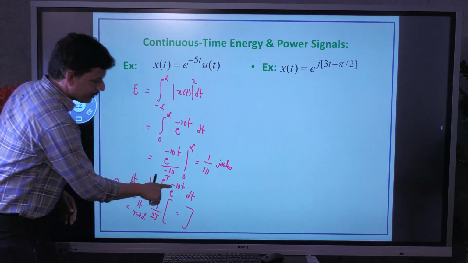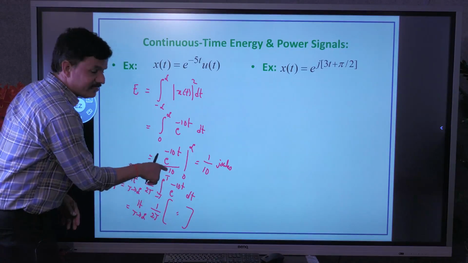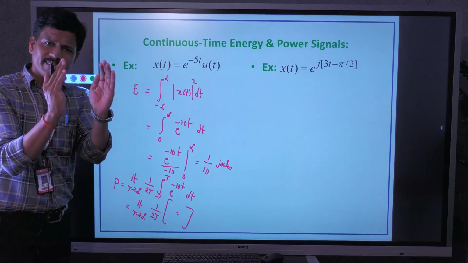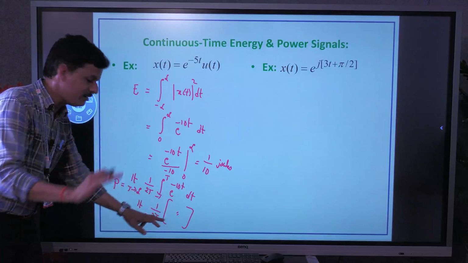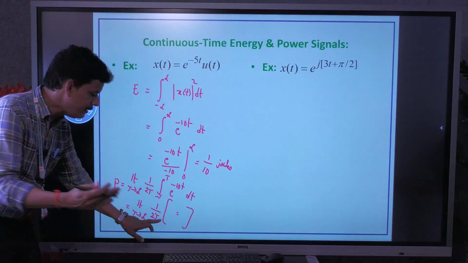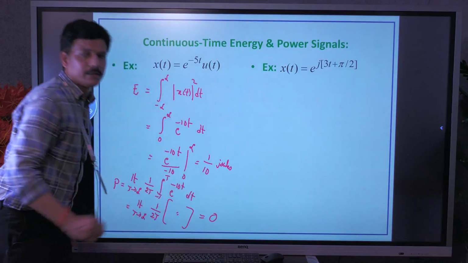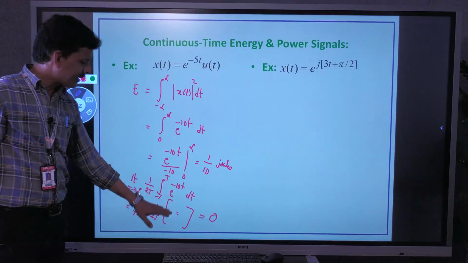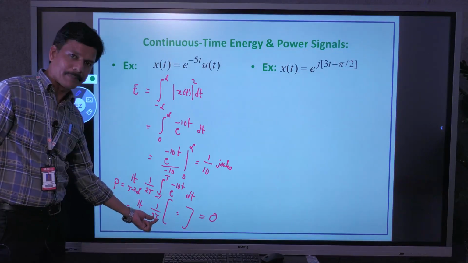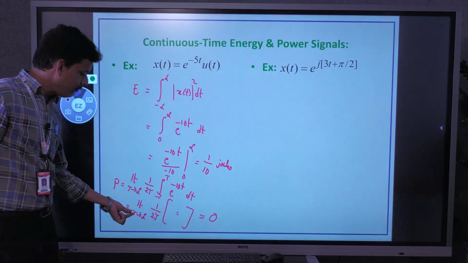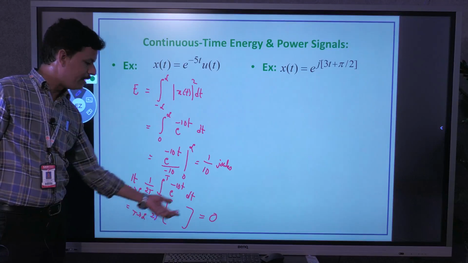Here, the integration of e power minus 10t divided by minus 10 with limits minus t and plus t gives an answer with no chance for cancellation of this t. You need not calculate it; even if you do, there is no scope of cancellation of this capital T. So if I apply limit t tends to infinity here, it will be 1 by infinity, which is 0.